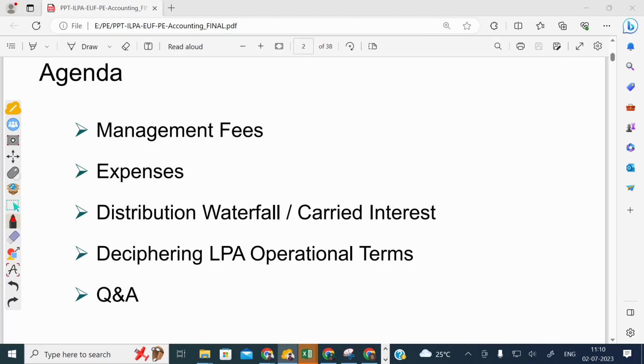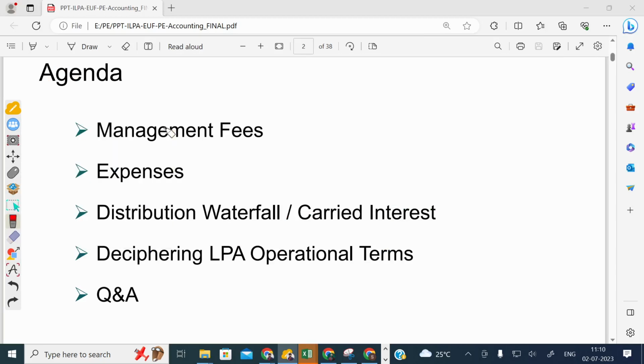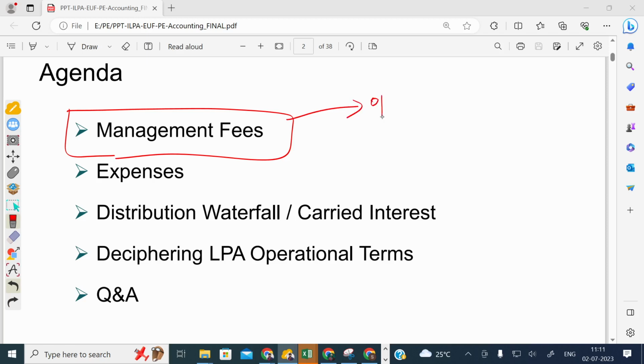All right. So here, in today's session we are going to cover the management fees in private equity, or how we can calculate the management fees. It's a very simple term. Management fees are required for operating expenses. Note down each and everything, please.